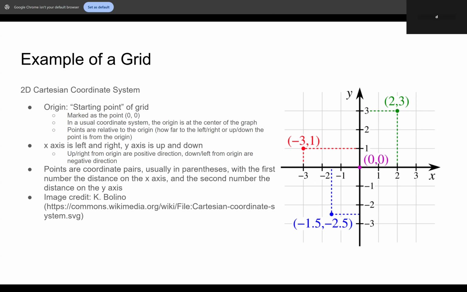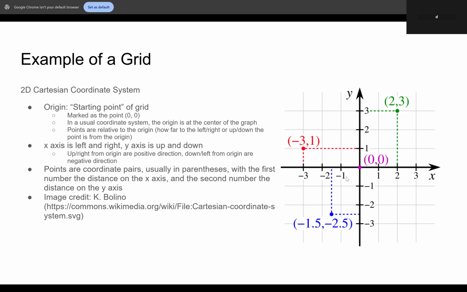The y-axis is up and down. And in the usual Cartesian coordinate system in math class, the up direction is positive and the down direction is negative. So we've got the point 2, 3, just 2 steps to the right and 3 steps up from the origin.